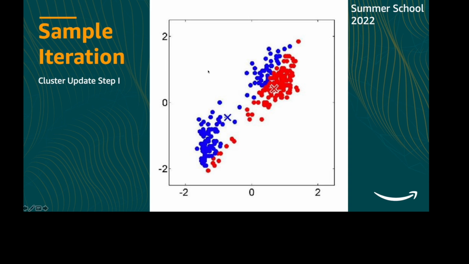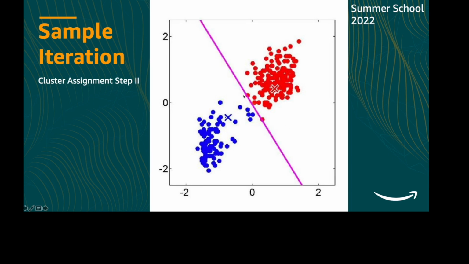Now, the other thing: if you notice, some of the data points in the red cluster are closer to the blue center, and some of the data points in the blue cluster are closer to the red center, right? So what we can do is go back to step 3 and do the cluster assignment again. We'll take all the data points, compute the distance with both blue and red center again, and update the membership.